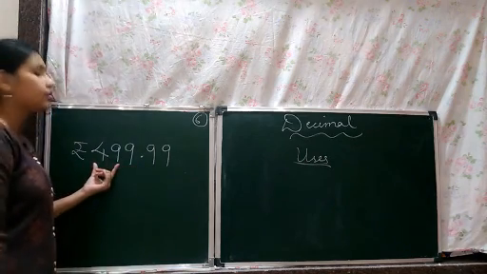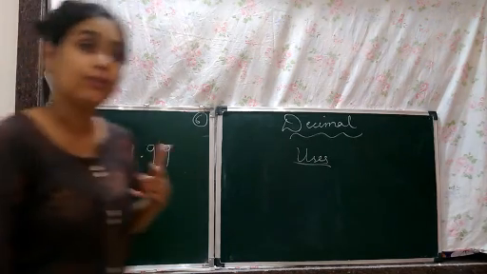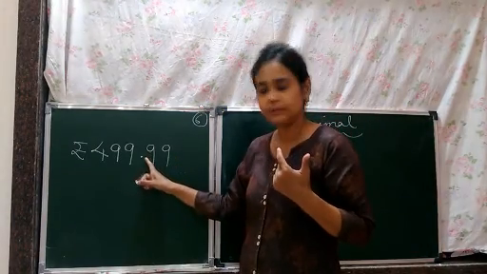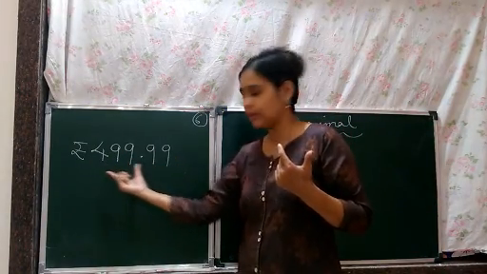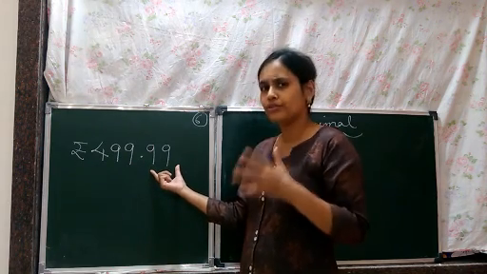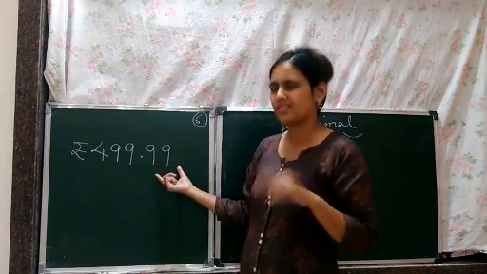This means rupees 499.99, decimal, 499 rupees and 99 paise. Correct? So round off, you give rupees 500 for your dress.